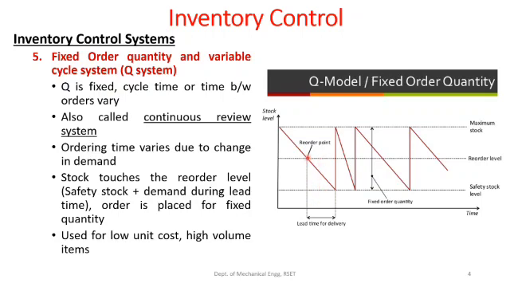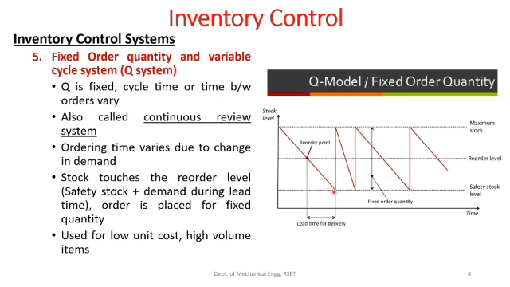Once you place an order, it takes some time for the supplier to deliver the item. That time is called the lead time for delivery. This is the time interval from the point of reorder to the time when the order is received. During that time also, items are being consumed from the stock.